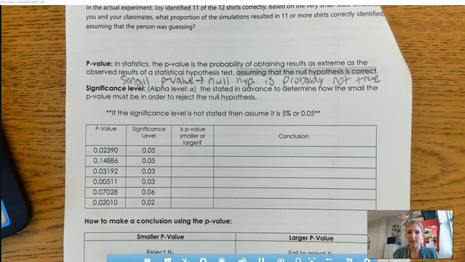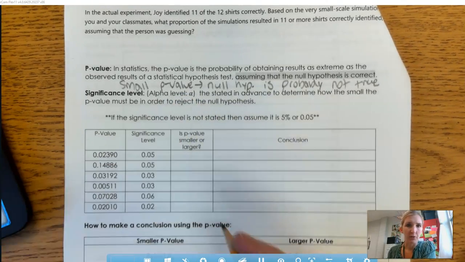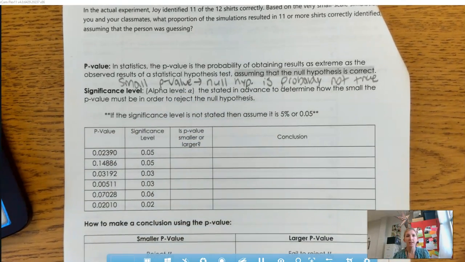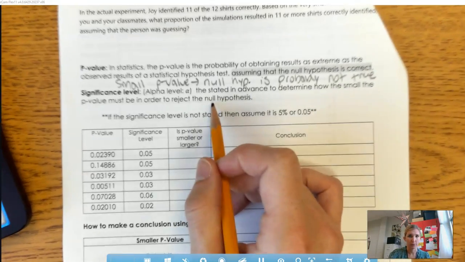So we need a consistent test to tell us if a p-value is small enough to say that the null hypothesis probably isn't true. That consistent test is called the significance level or the alpha level. It's designated with this alpha symbol right here. It's stated in advance to determine how small the p-value must be in order to reject the null hypothesis. And when we say reject, we mean saying that the null is probably not true.